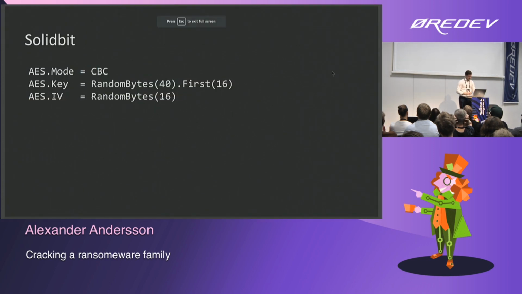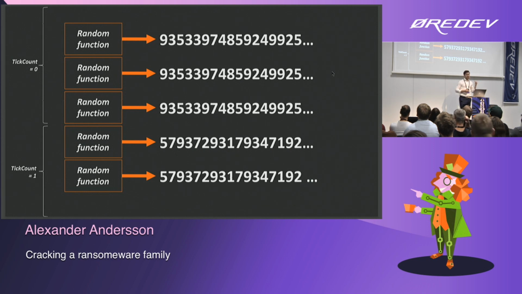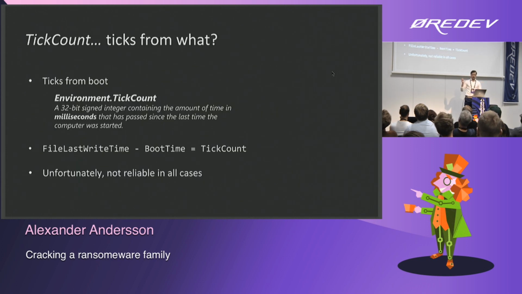So if we go back to this SolidBit ransomware, we see just what I sort of said here is that the tick count is going to be 0. You're going to have duplicates. And what we realize if we read the documentation again is that the default seed is the environment variable tick count, and the tick count is the number of milliseconds since the system has last booted.